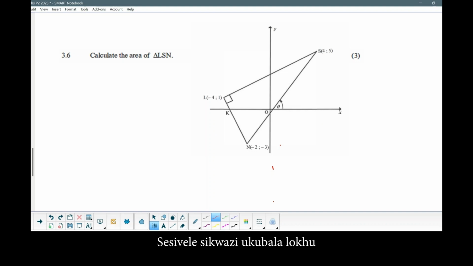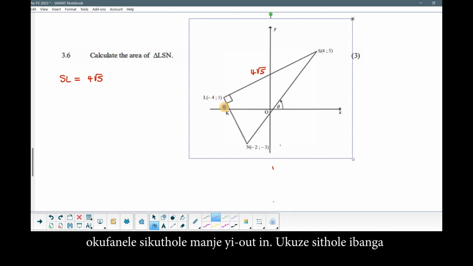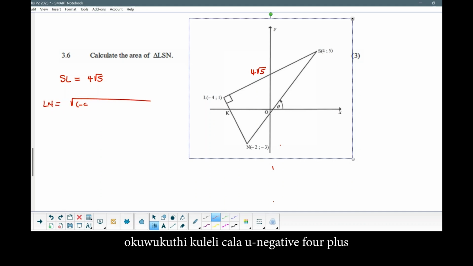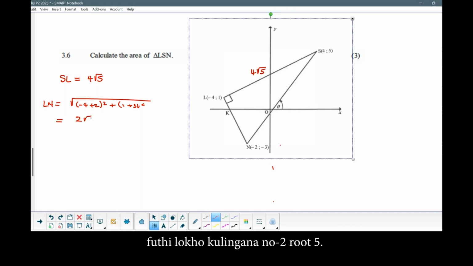We have already worked out SL in the first question, and we worked out SL to be 4 root 5. So we have the 4 root 5 here. All I need now is Ln, and to find the distance or the length of Ln, I can use the distance formula, which in this case is the square root of (-4 plus 2) squared plus (1 plus 3) squared, and that simplifies to 2 root 5.